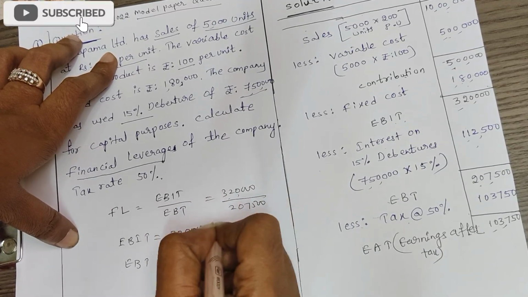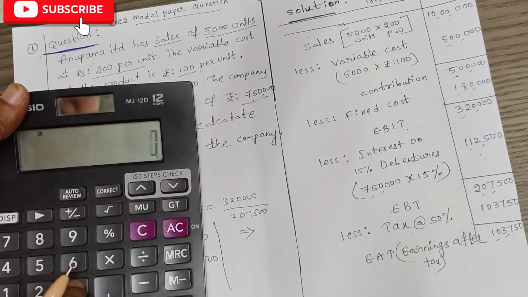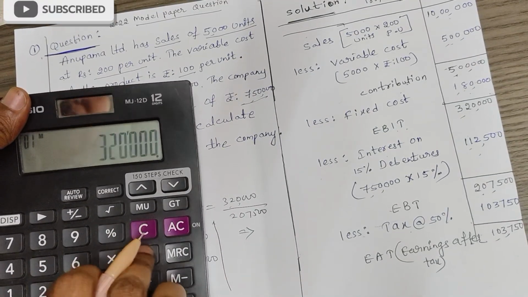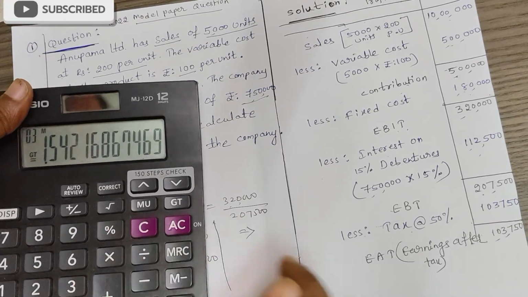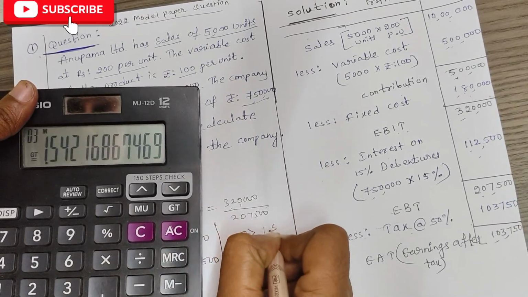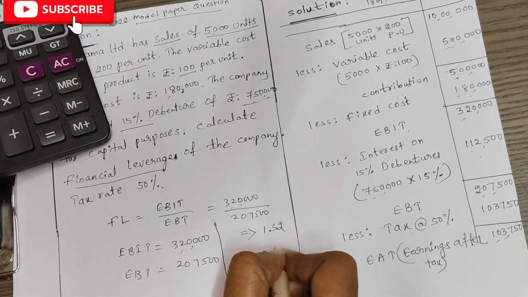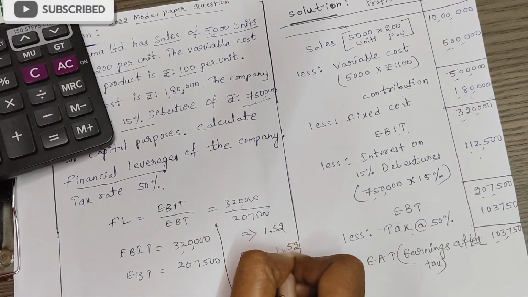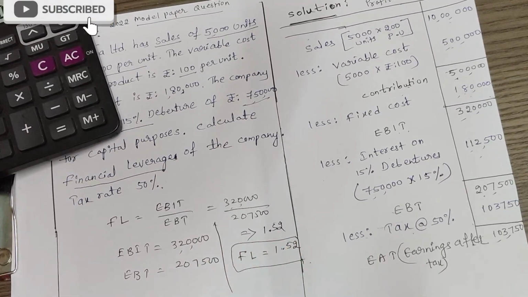So what is your answer here? 1.52. So our financial leverage is equals to 1.52. This is our answer. Okay.